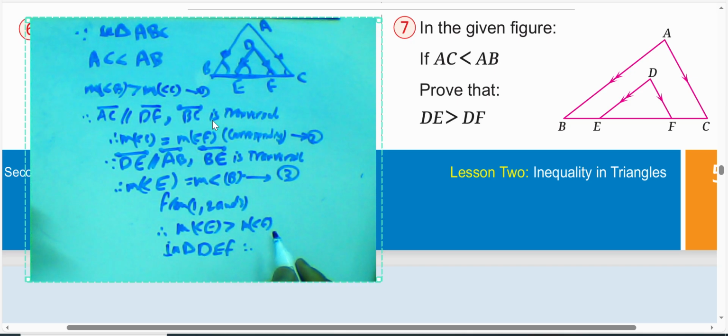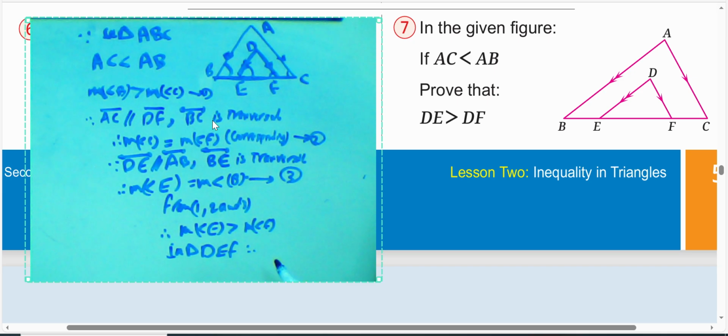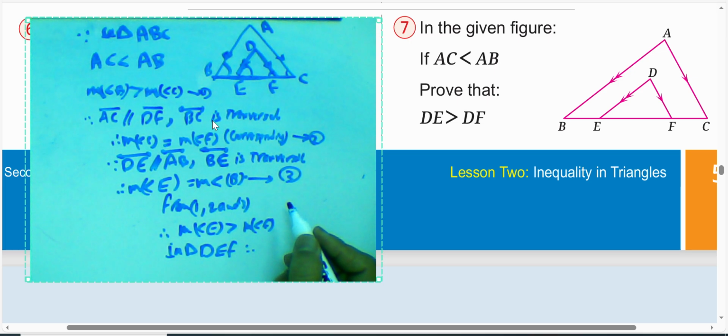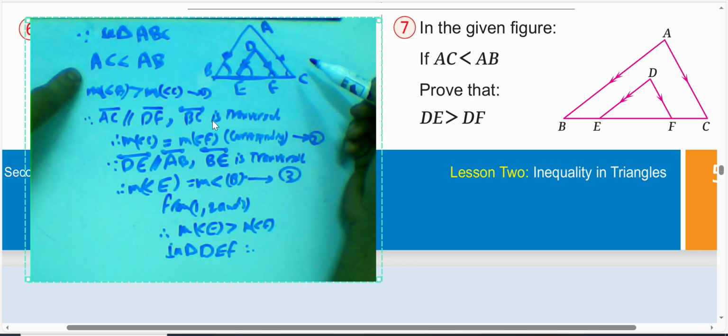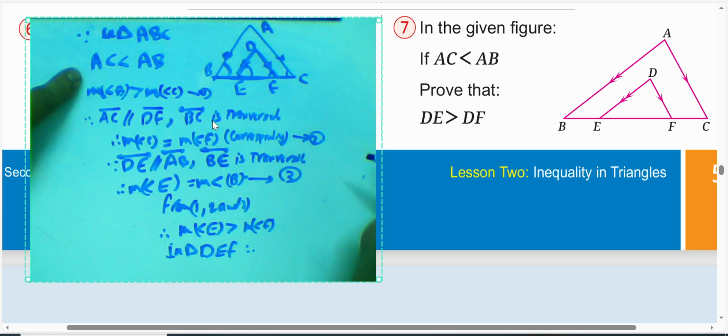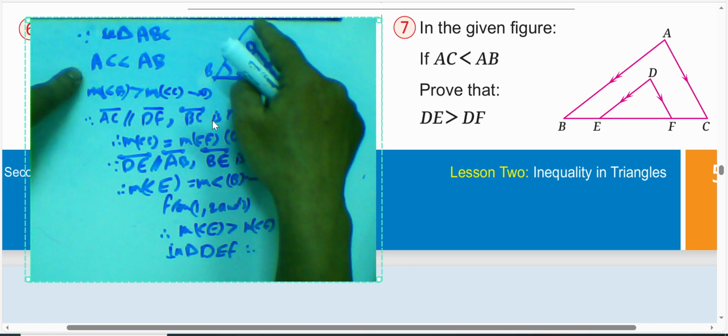He wants to prove that DE greater than DF. Look at here again, he gives me the information AC less than, yes, AC less than, not greater than. Again, AC less than AB.